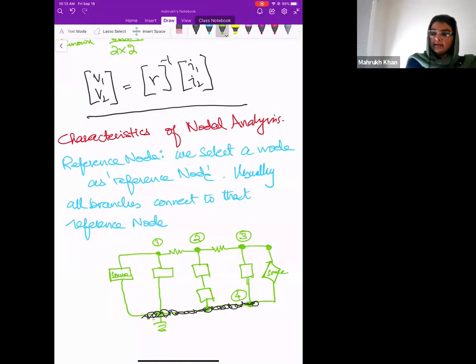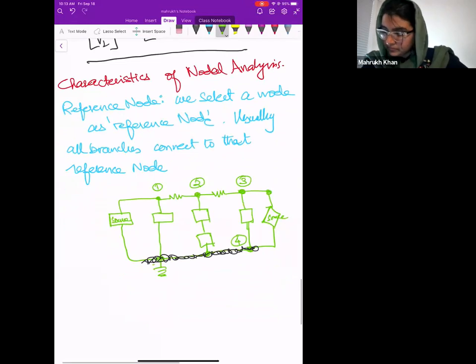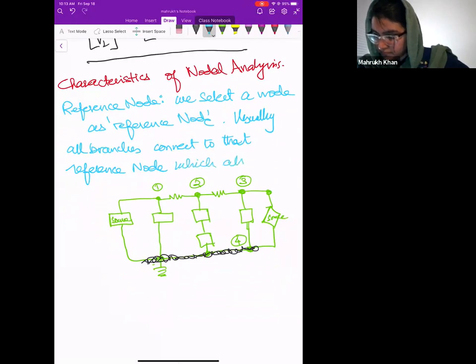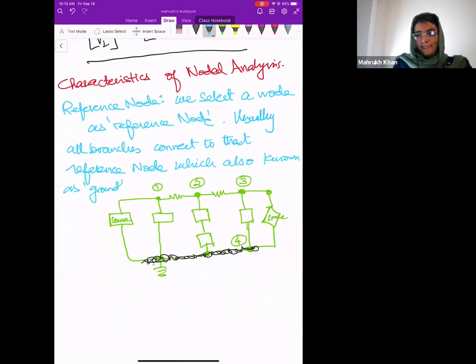And normally we take ground as the reference node because all branches connect to the ground, okay? So that's why, am I clear about that?